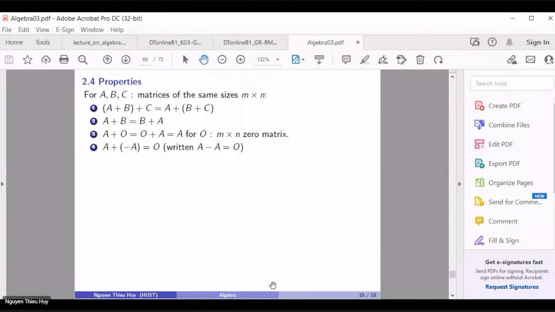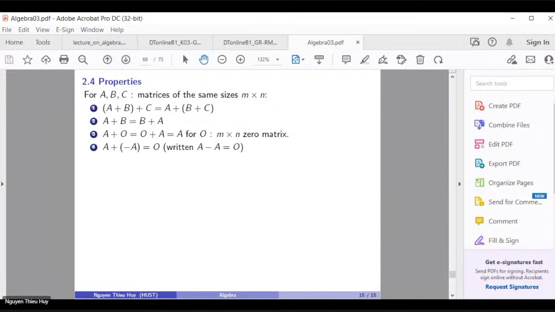Of course, we are considering A, B, C, which are matrices of the same size, so that we can add. Because you remember, matrices of different sizes cannot be added. So if you want to add two matrices, the first thing you have to think about is that the matrices should be of the same size. Otherwise, we cannot add.